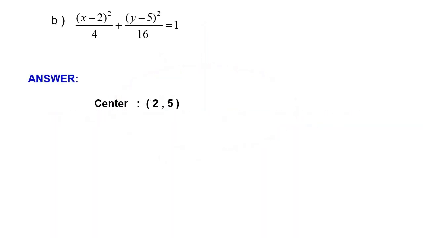So next for question b. Now it is x minus 2 squared over 4 plus y minus 5 squared over 16 equals 1. So from here, we know that the center is 2, 5. And then the values of a and b are 2 and 4 respectively.